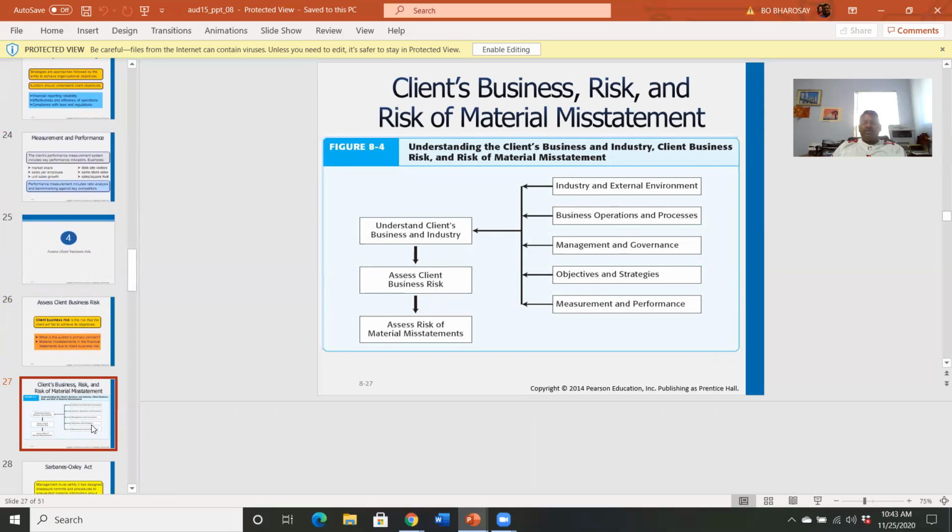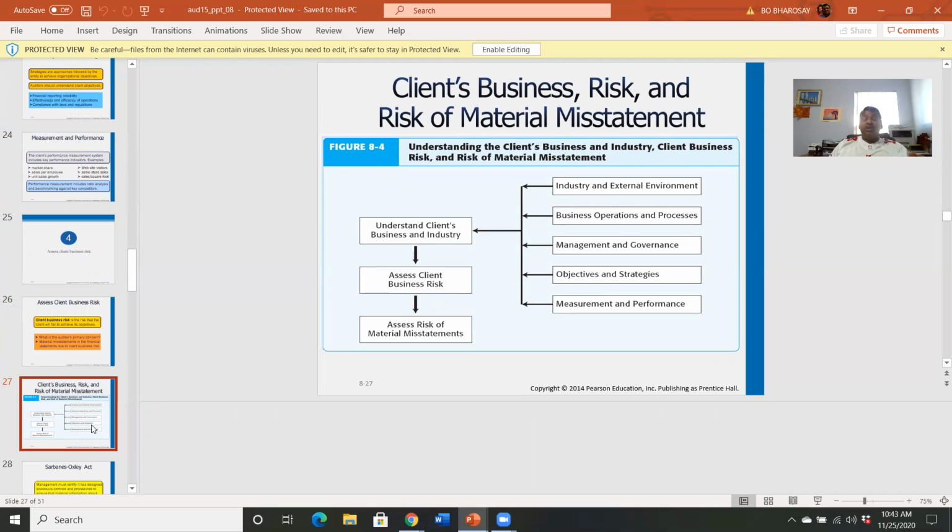Understanding the business and industry, client business risk and risk of material misstatement. Figure 8.4. We understand the client business and industry, we assess the client business risk, and we assess the risk of material misstatement. Go back to the example I gave you. Let's say the client is in the restaurant business, and they normally get 20% net income, and that's what they're expecting.